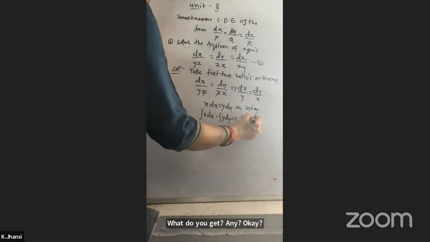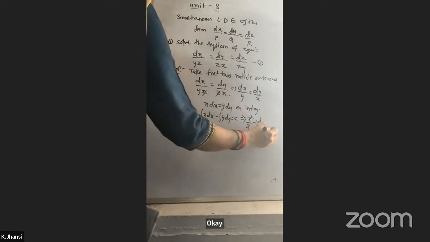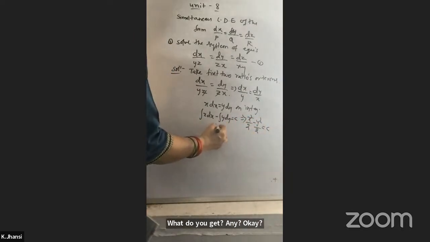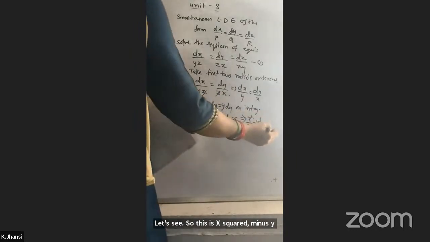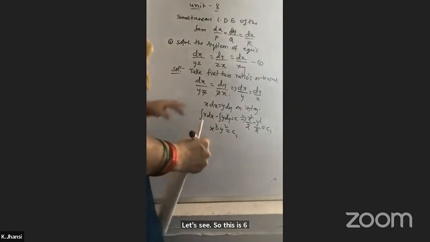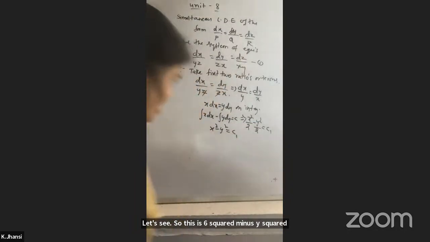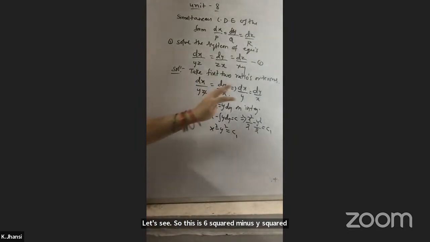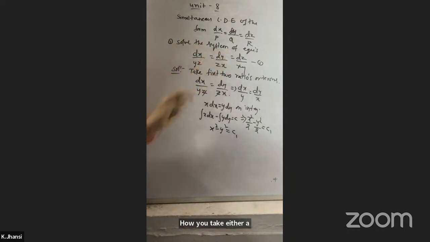Integration of x is x squared by 2 minus y squared by 2 equals c. So this is x squared minus y squared equals c. We take it as c1 because it is the first two terms' solution. Now you take either the second and third term or the first and third. Anything you can take.